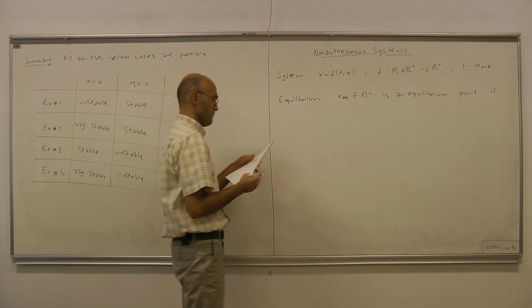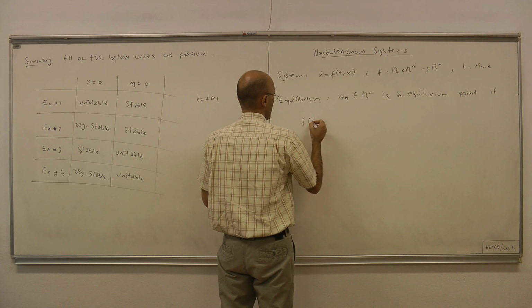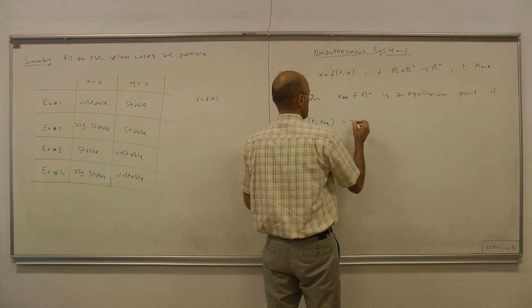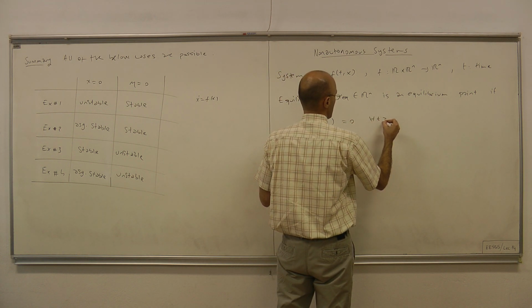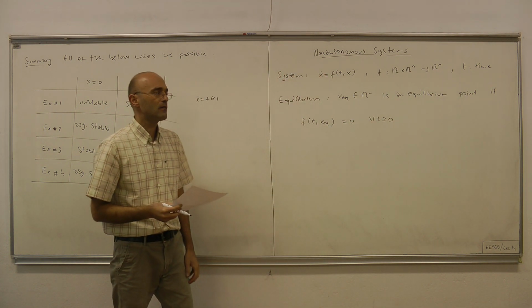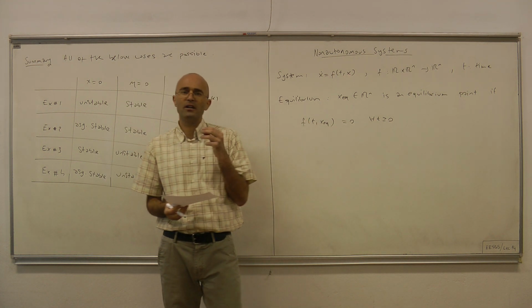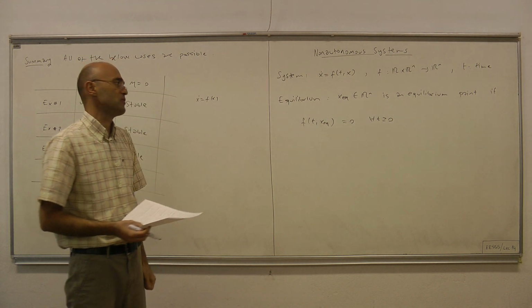Okay. If f of t, x equals 0 for all times t greater than or equal to 0. Okay. And this 0 is, by convention, the earliest possible initial time that we can take. It's just by convention.